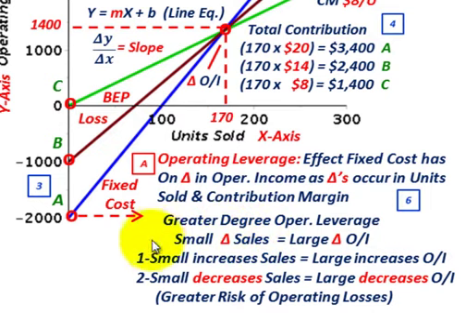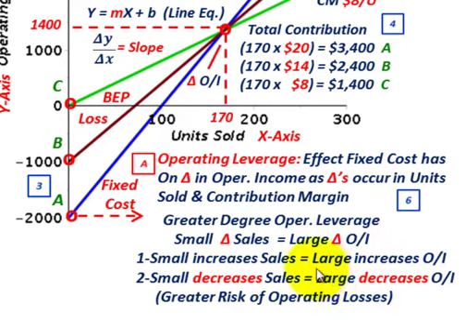So really what that's saying is if you have small increases in sales, you're going to have larger increases in overall operating income. But it works just the opposite: if you have small decreases in sales, that's where you're going to have large decreases in operating income. So you're going to have greater risk of an operating loss.